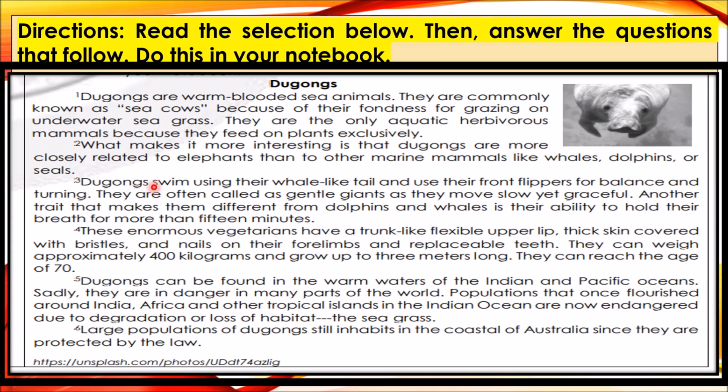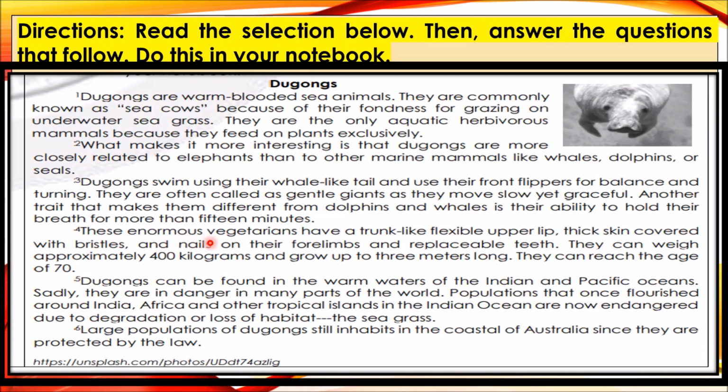Dugongs swim using their whale-like tail and use their front flippers for balance and turning. They are often called gentle giants as they move slow yet graceful. Another trait that makes them different from dolphins and whales is their ability to hold their breath for more than 15 minutes.